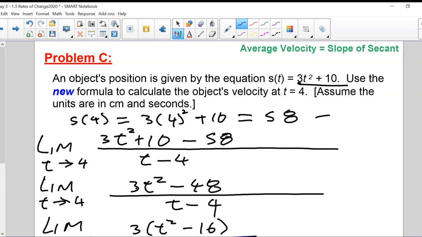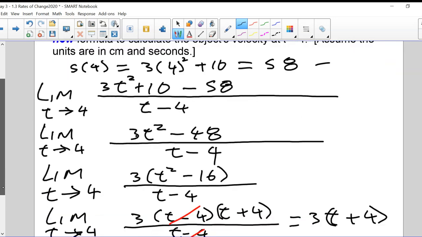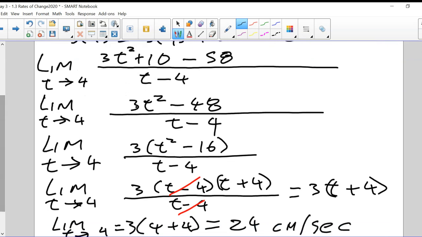We worked that out on the line up here before. And we put that over t minus the t value for the point that we are working with. We work that through, but we get to a point where we're asking as t approaches 4, but we can't just throw that 4 in there.